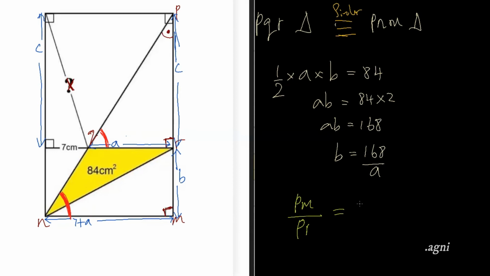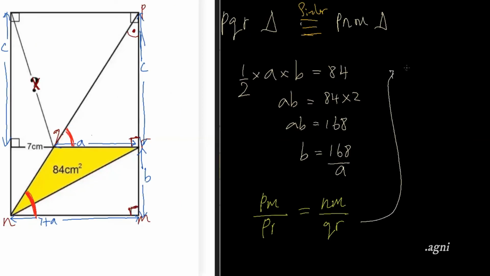You consider the bigger triangle first. I'm actually looking at this P angle and the opposite sides. PM we can see is C plus B. So C plus B over C is equal to NM, which is 7 plus A, over A.